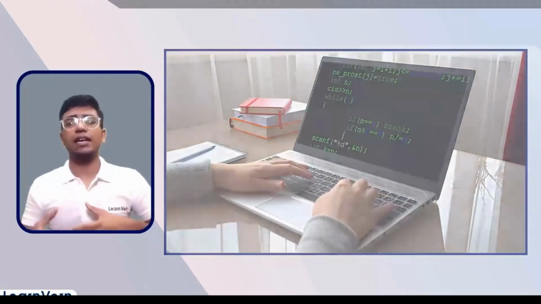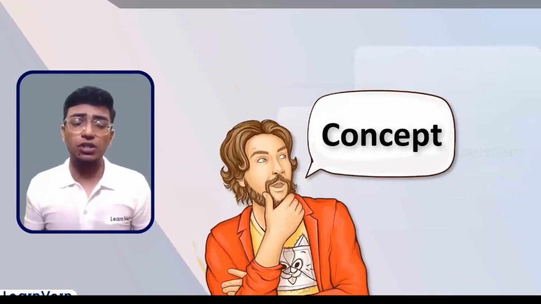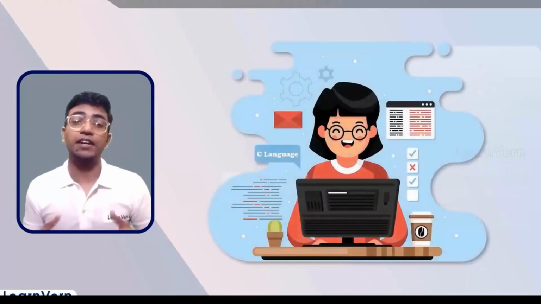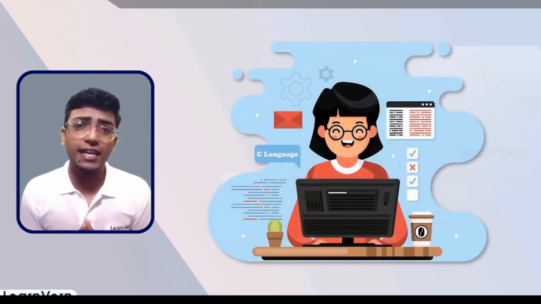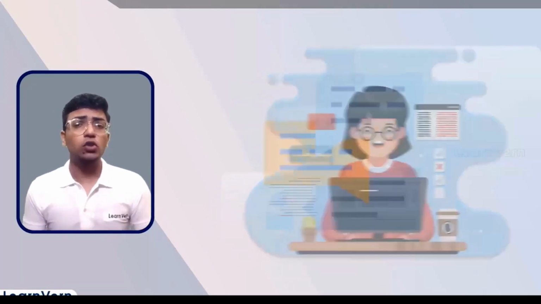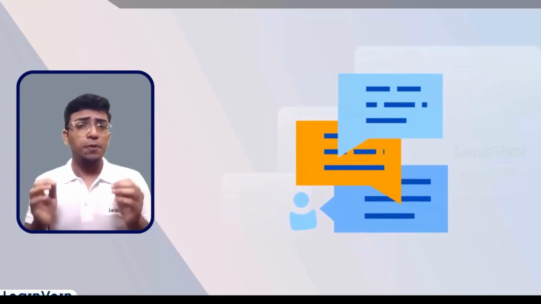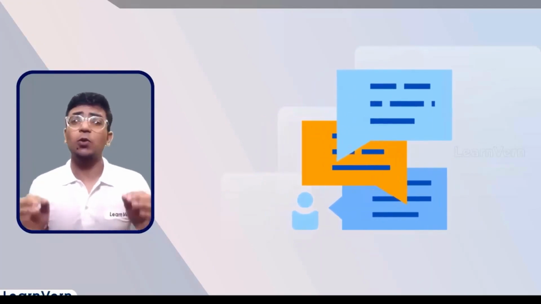After that, we will see why the concept of programming languages had to be established and how many types of programming languages there are. After that, when we dive into C programming, we will see what type of language C is. So all these questions will be answered in this video. Without any delay, we will start.